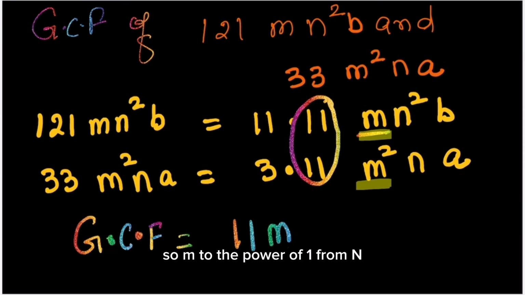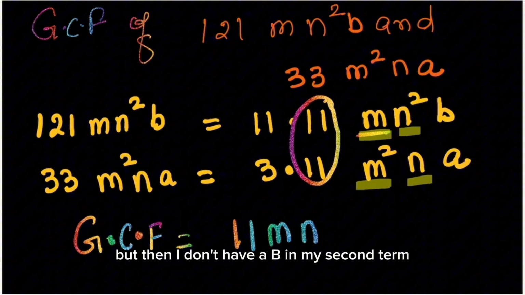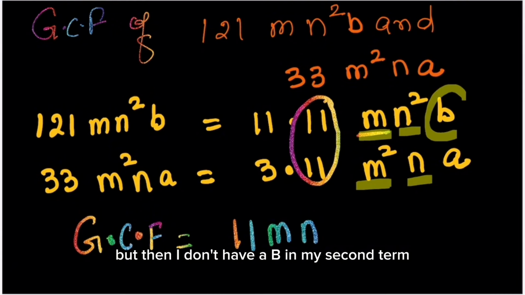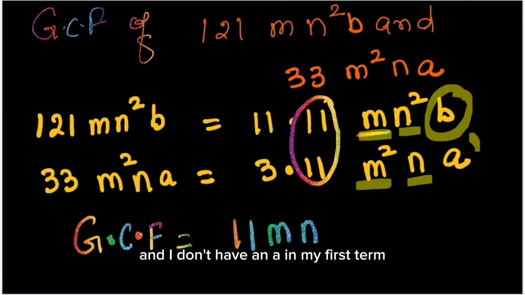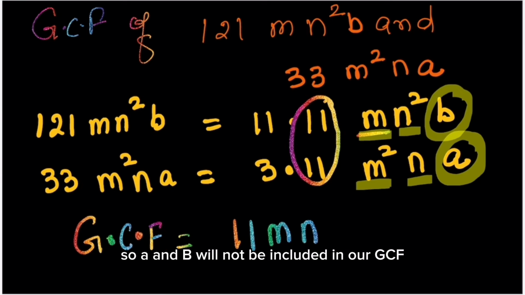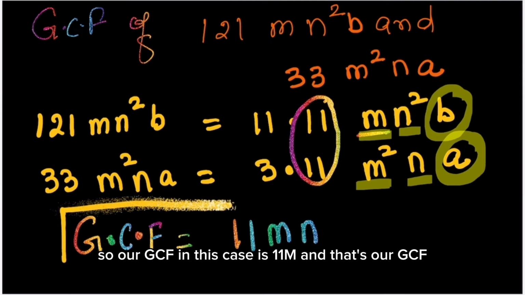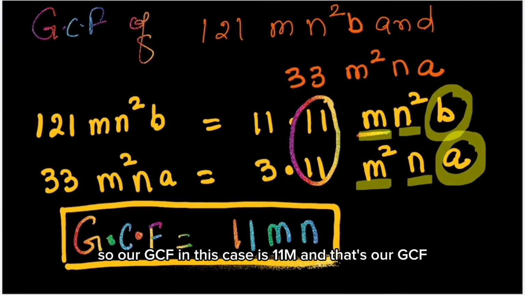So m to the power of 1. From n, I have n to the power of 1 again. But then I don't have a b in my second term and I don't have an a in my first term. So a and b will not be included in our GCF. So our GCF in this case is 11mn. That's our GCF.